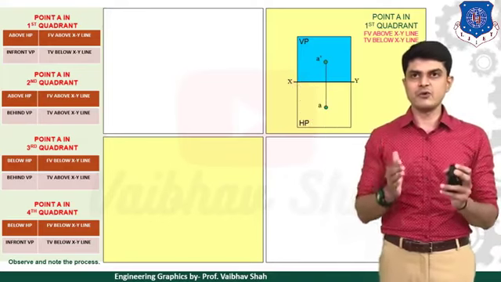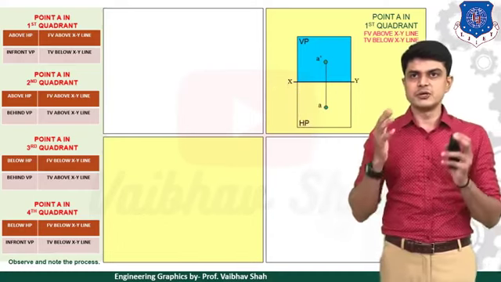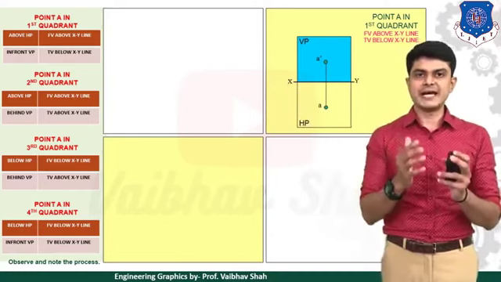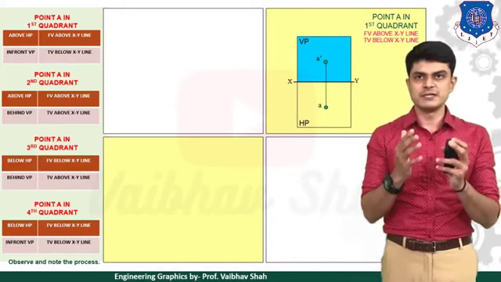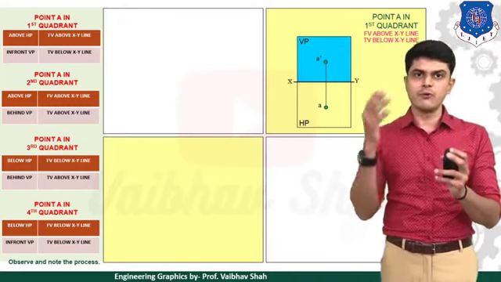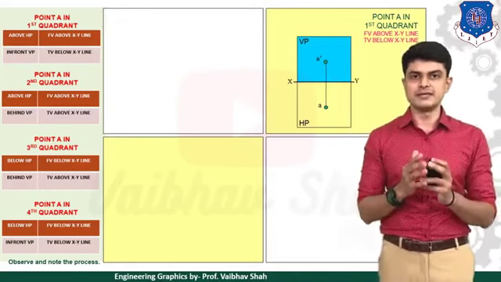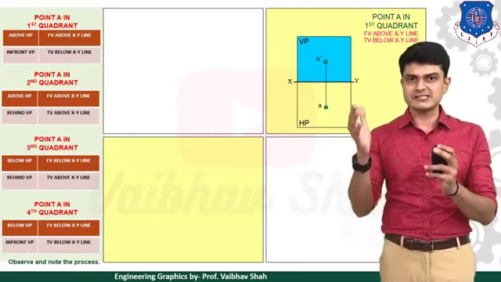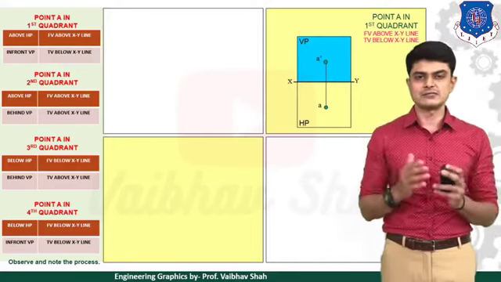And whenever your point is in front of VP, your top view would be below the XY line. That means the point with a dash goes above the XY line, and the point without a dash goes below the XY line, like this.